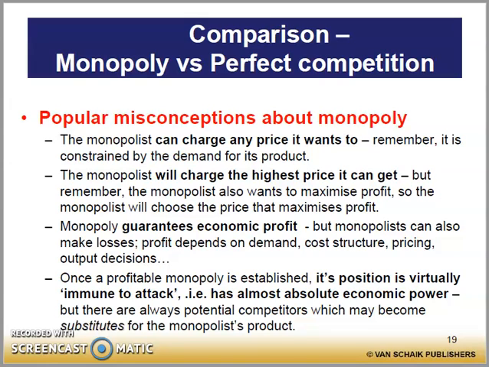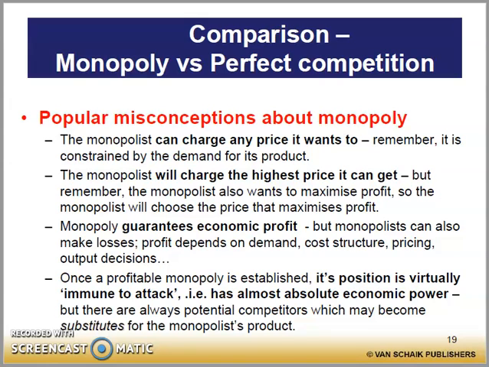So a monopolistic firm cannot sell whatever it wants at any price it decides to set. A related claim is that the monopolist will charge the highest price it can get. This is also not true. The monopolist will set the price for its product at a level that will maximize total profit, not at the highest possible price it can charge.